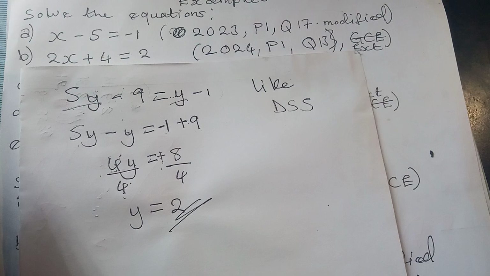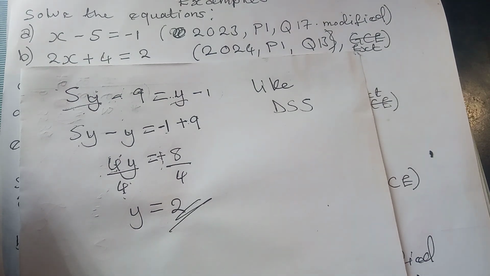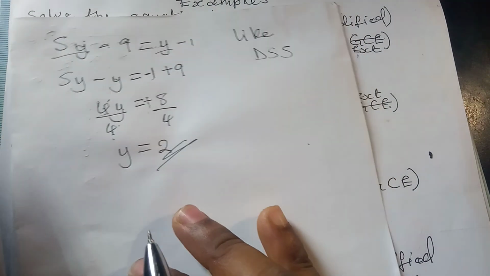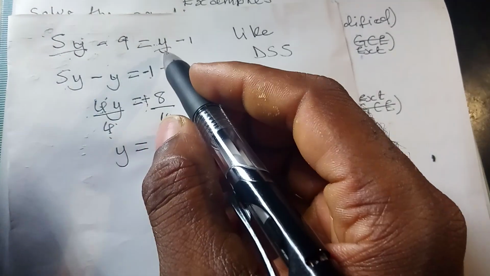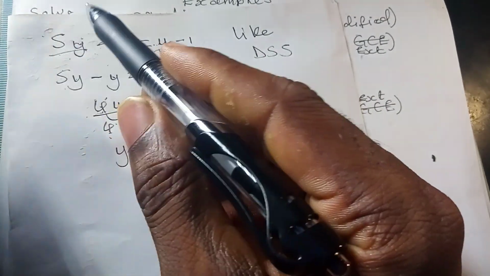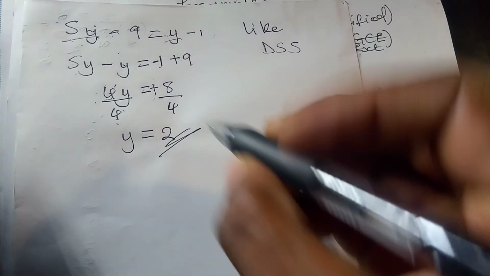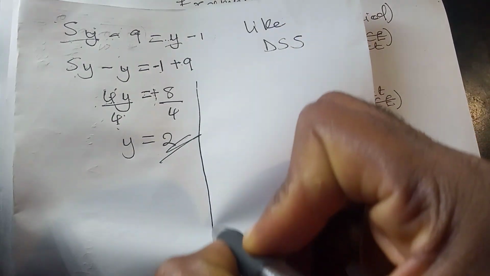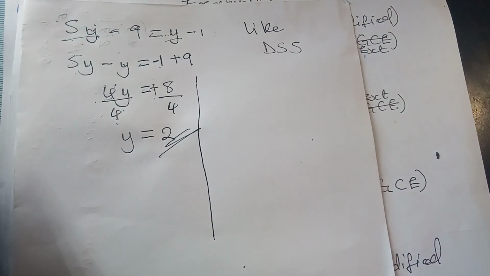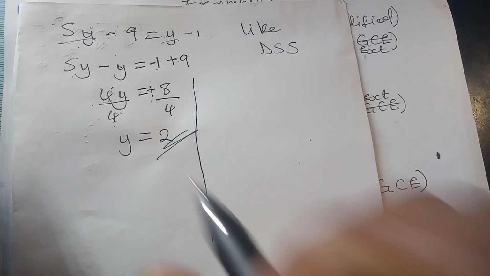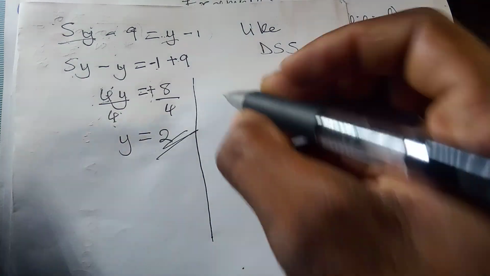So now if you were to use a different path, let's say you didn't want to bring the y this side, and you decide to take it to the other side. This is what will happen. The answer will still be correct, but it will be much harder for you to solve, which is why I recommend you use this.